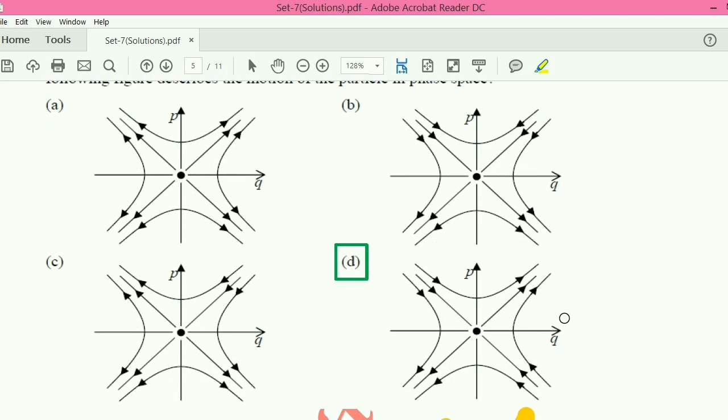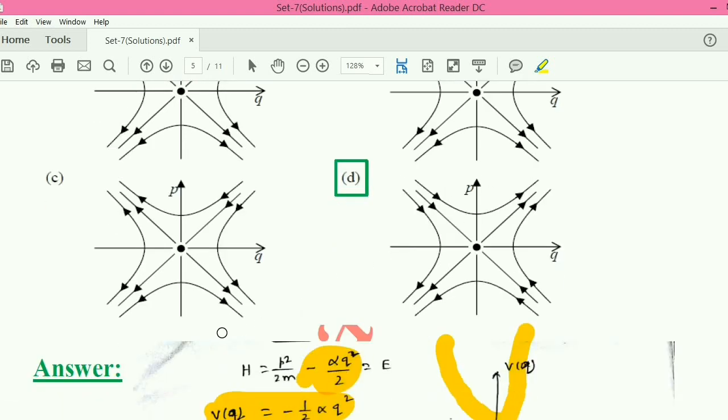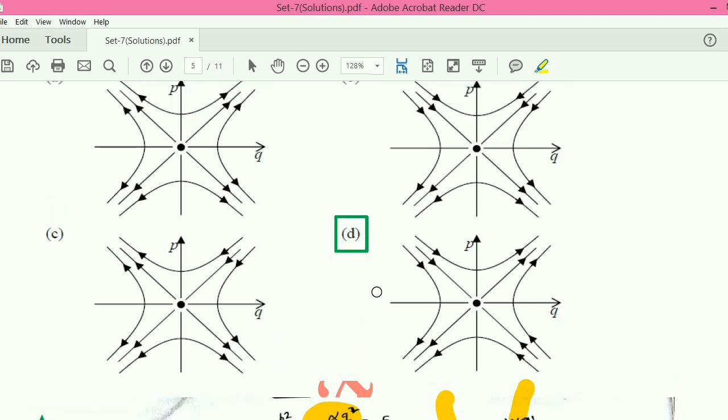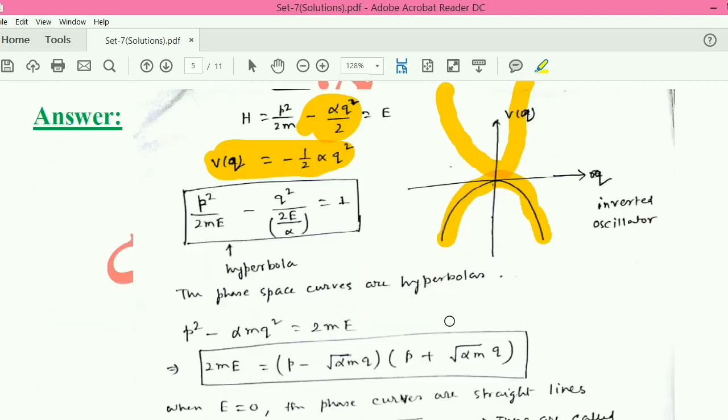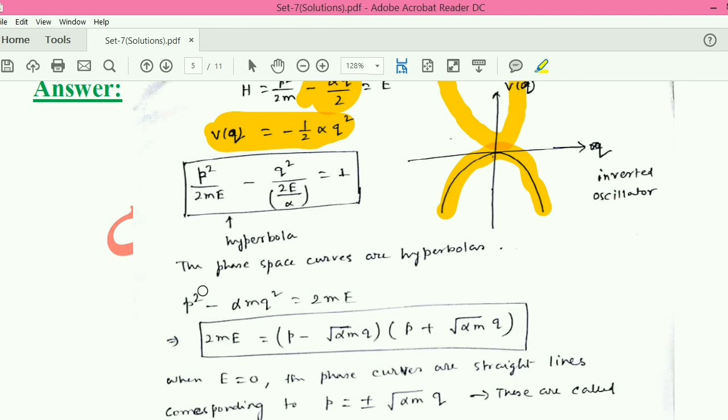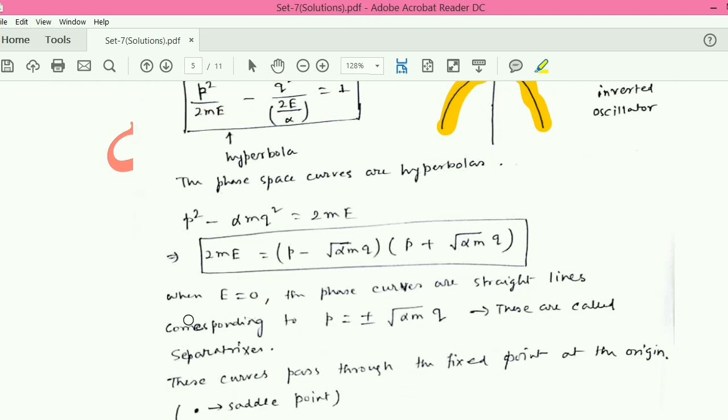In every option this property is maintained, so we have to find another condition. So p square minus alpha m q square by 2m. If E equals 0, then we can see that p equals plus or minus root over alpha m into q.